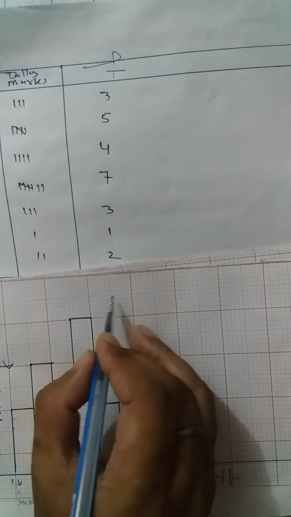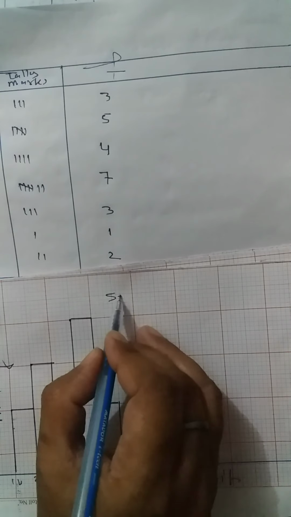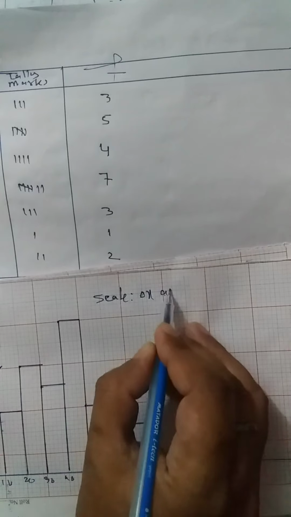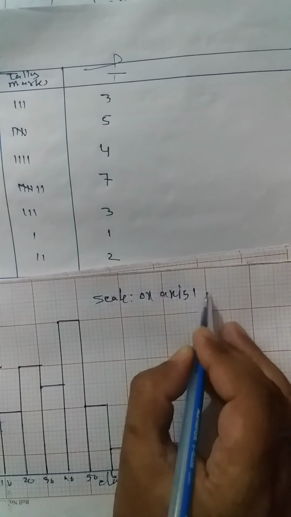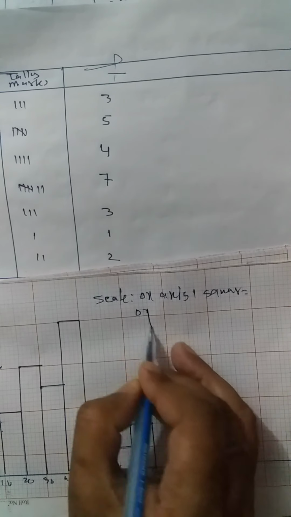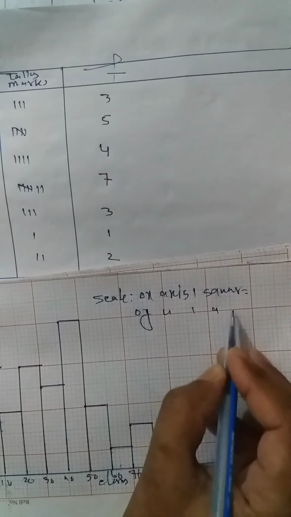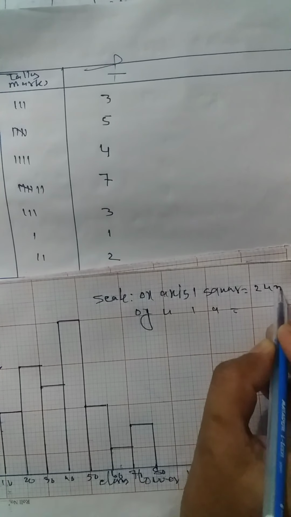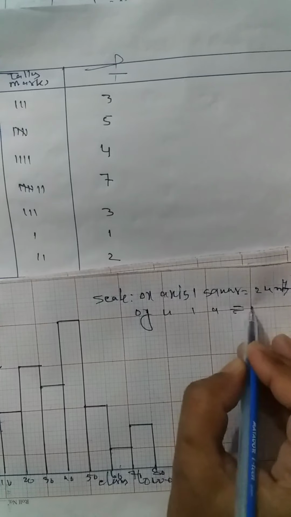Now we can write a scale. OX axis 1 square is equal to 2 units, and Y axis 1 square is equal to 0.2 units.